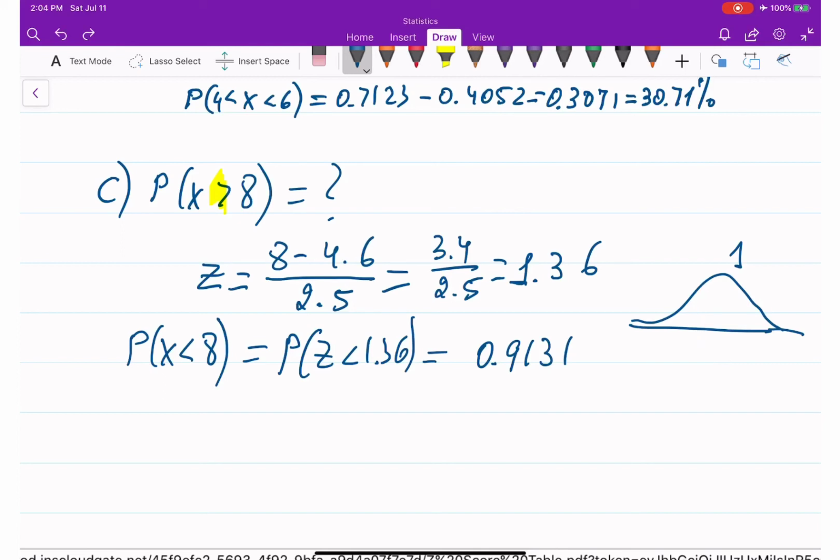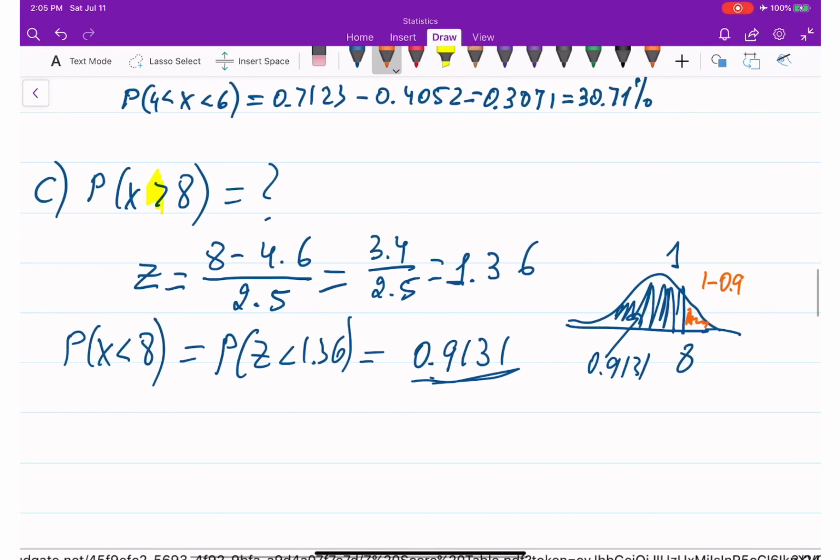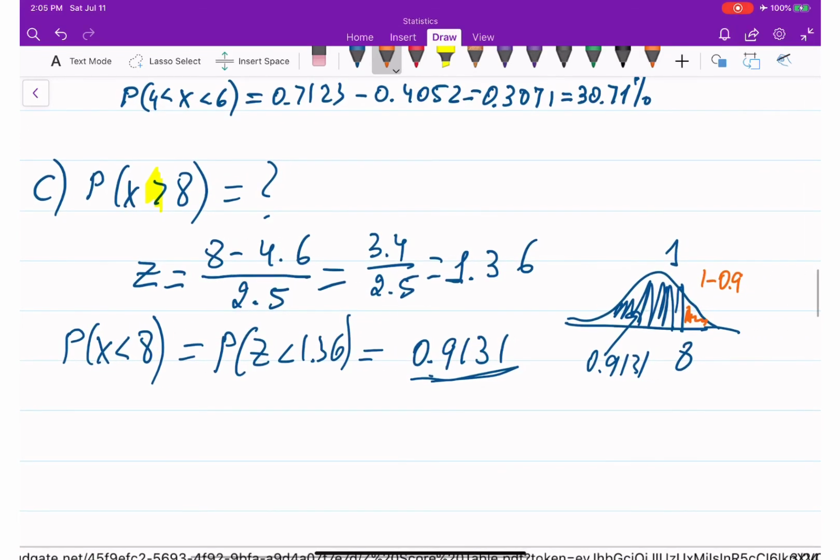This is going to be 8 because I'm seeing here 0.9131. It's 91%, so it's going to be way close to the end. So if this area is 0.9131, then greater than is going to be 1 minus 0.9131.